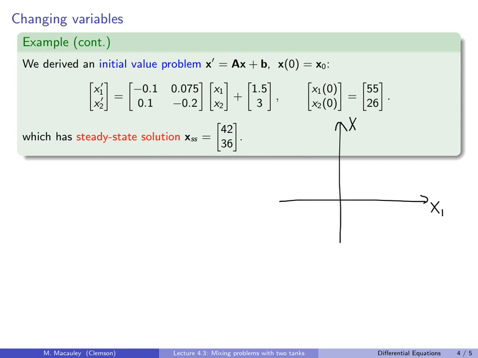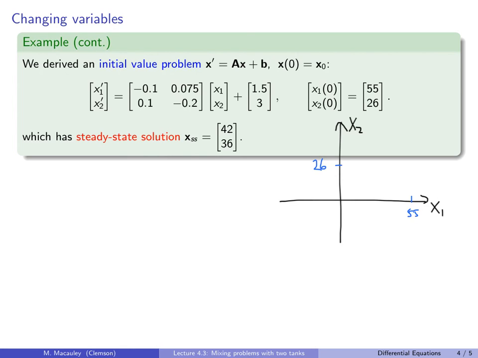Now picture what this is going to mean. Our initial condition here is 55 and 26, which means we are starting out with 55 ounces of salt in tank A, and 26 ounces of salt in tank 2.